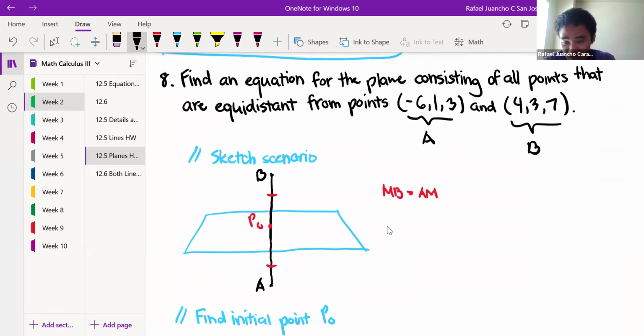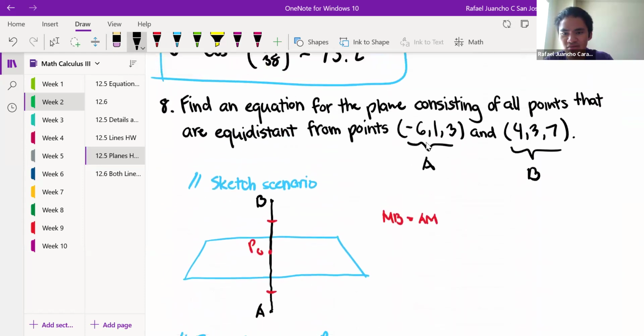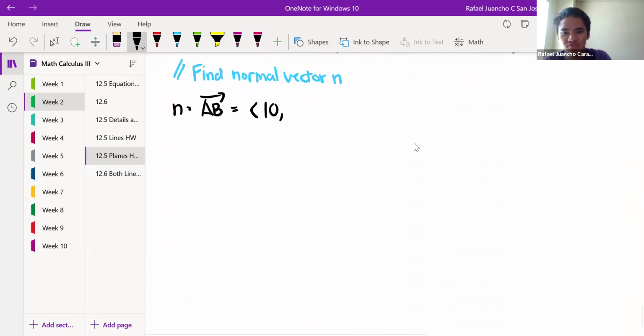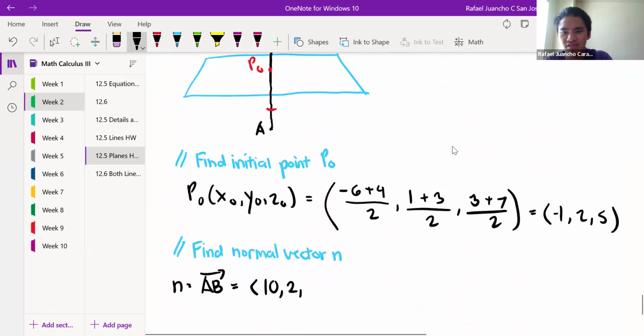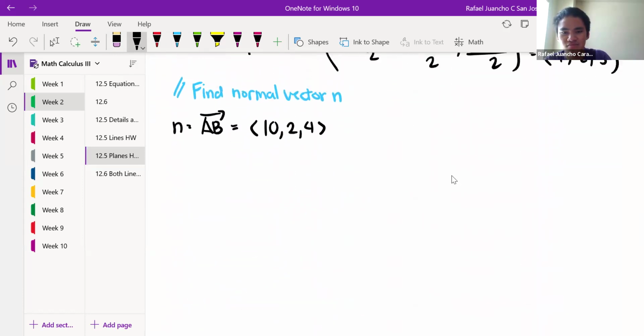So what is this gonna give me? 4 minus -6, so that's 10. I'm just taking into account their changes to get the vector. 3 minus 1, that's 2. And lastly, 7 minus 3 is 4. Boom, that's it. So that's the normal vector.